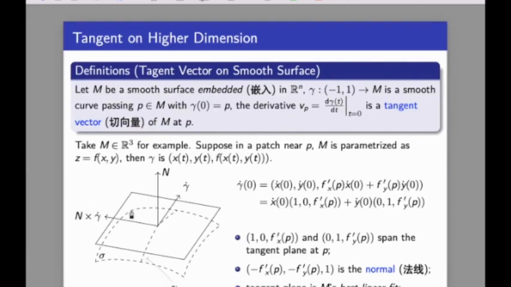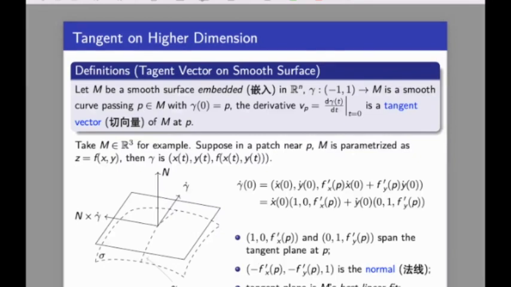And the picture shows a special case of the curved surface M in R^3. If it can be parameterized as z equals f(x, y), then the two basis vectors of the tangent space and the normal vector can be easily derived by computing the derivative of the parameterization and the local coordinates.